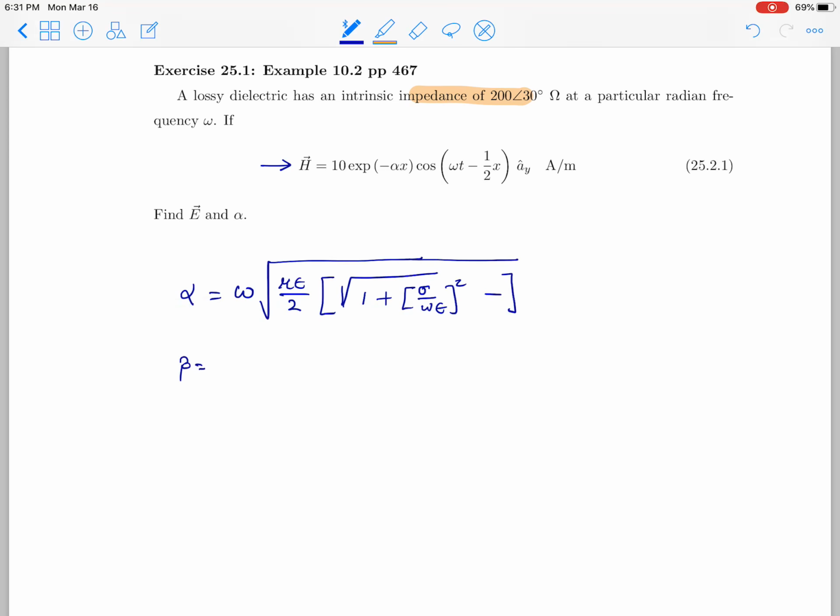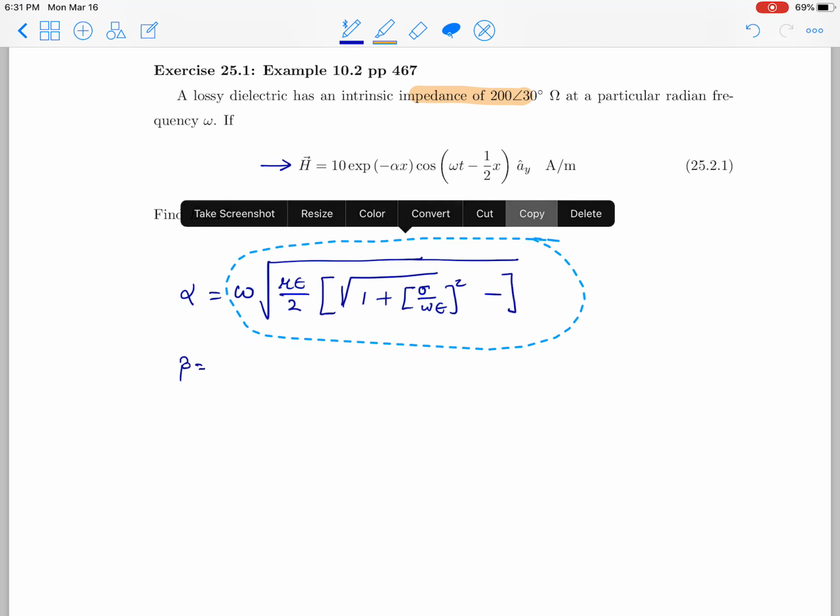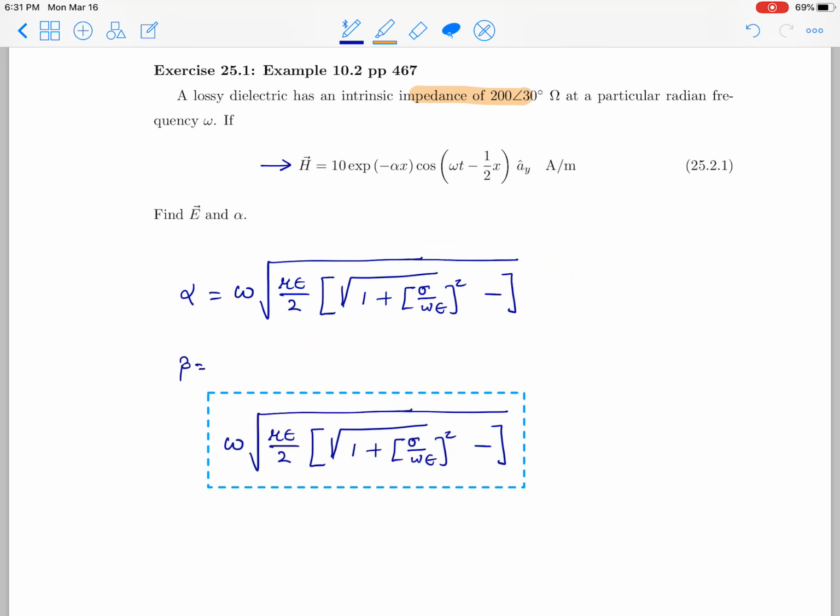And the phase constant beta is given by a similar formula, but instead of -1 we're going to have +1.